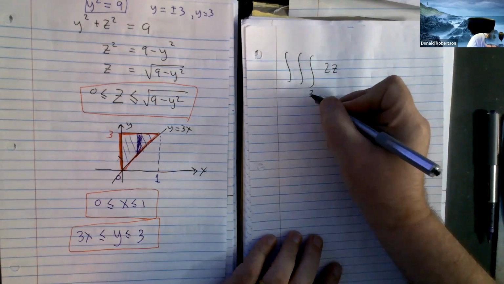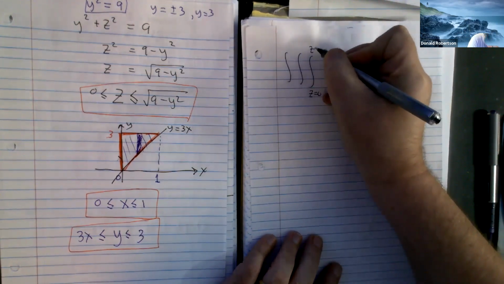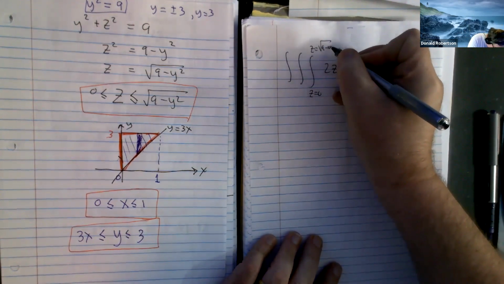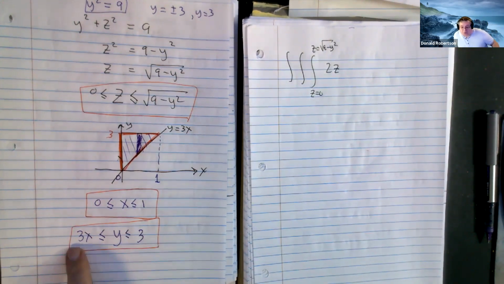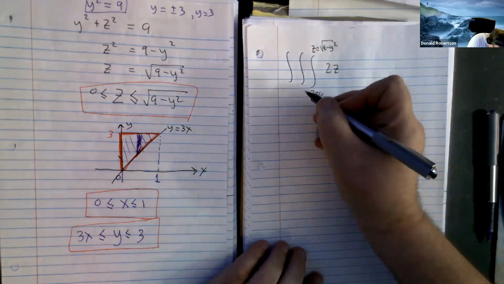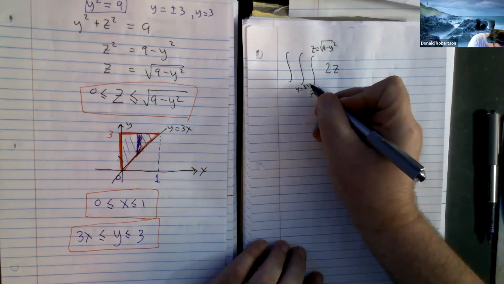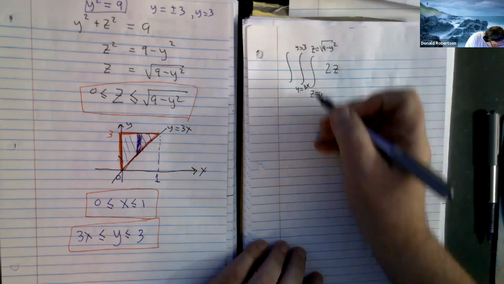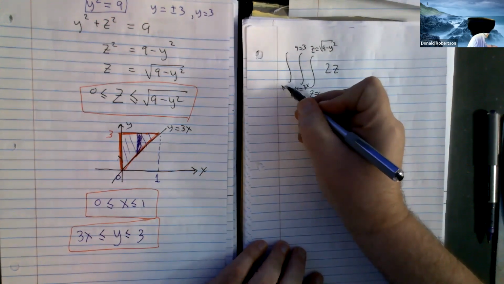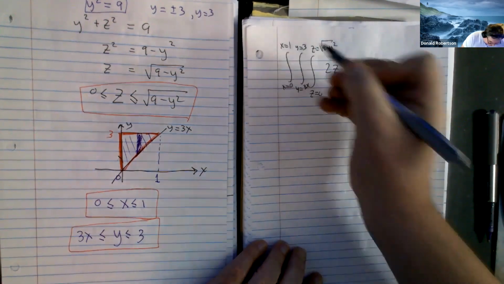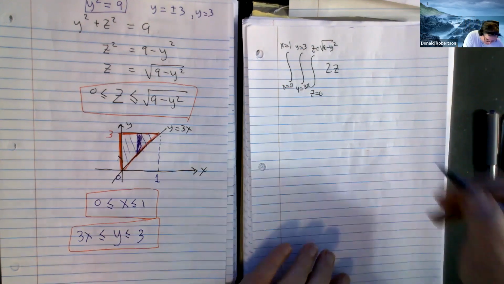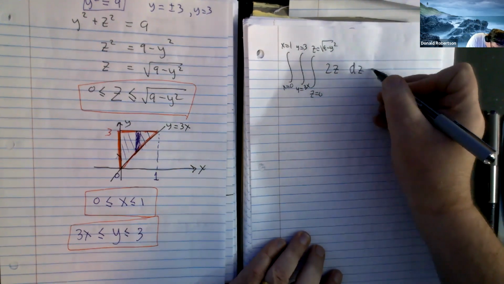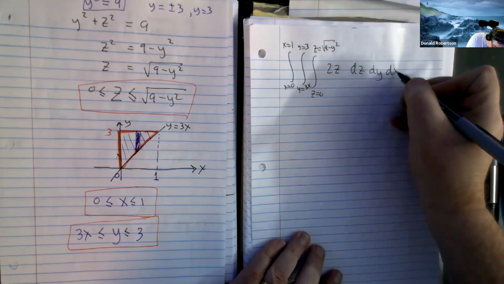So I'm going to do z equals 0 to that fella. Would you agree that the next ugliest is a y? So 3x to 3. And the x's go from 0 to 1. And the x's had to go there because they're the only one that had numbers on them, right? And they have to go last because of that. And this is going to be our dz, our dy, our dx.